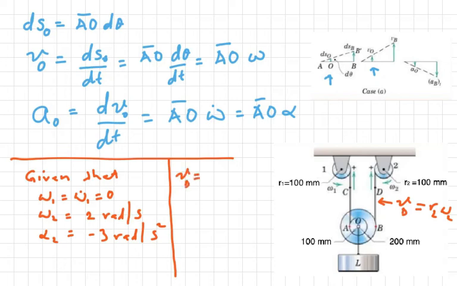So our vD is actually 100 multiplied by 2, where R2 is 100, of course.